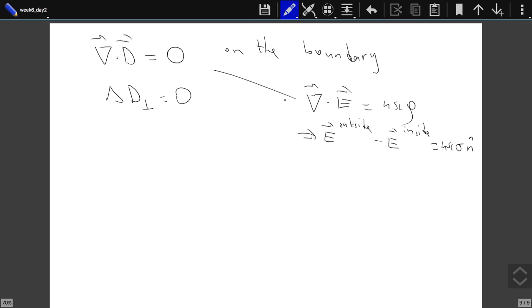Well, this expression is more or less identical with no charges. So it says that the change in the perpendicular component should be 0 because there are no free charges on the boundary between these two media.